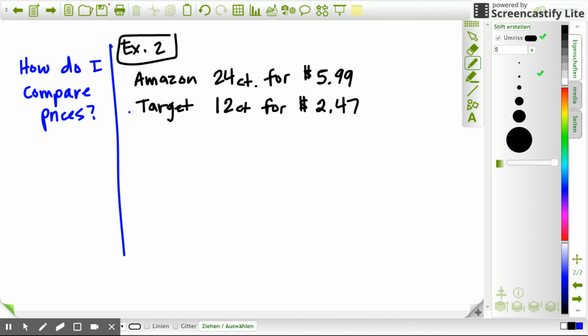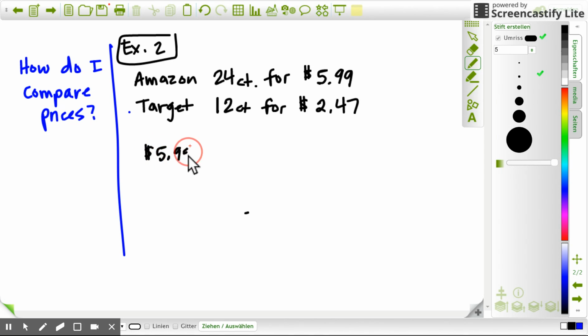I mean, the price is cheaper, but you're also getting less pencils. So you have to think about that too. But it can still sometimes be cheaper to go with the lesser option. So that's what we're going to try to find out. If you can figure out how much it is per pencil, then you might want to buy like 2 packages of the cheaper deal. So we're going to find out which one it is for sure.